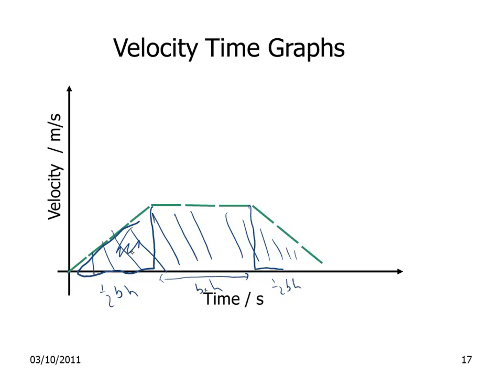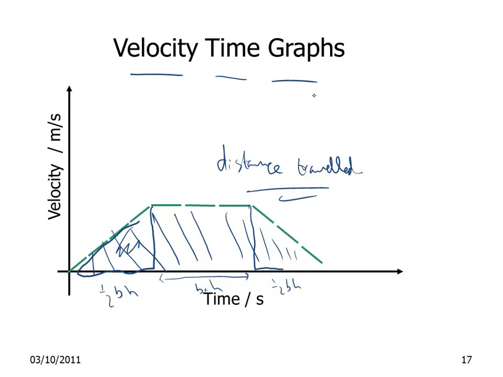If you work out these three areas and add them together, the total area under the curve in a velocity time graph is the same as the distance travelled. So I'll just put that there. That's why we use velocity time graphs.